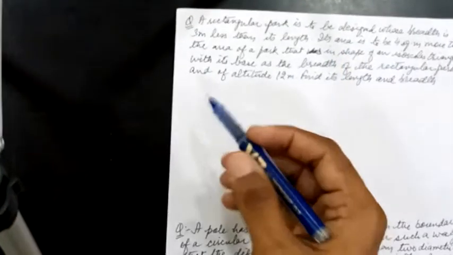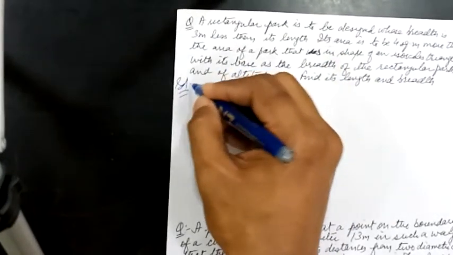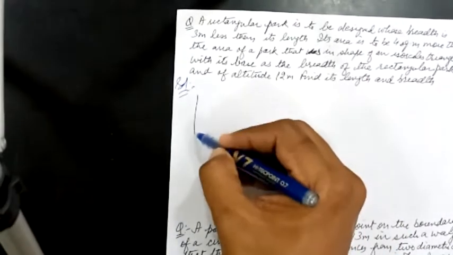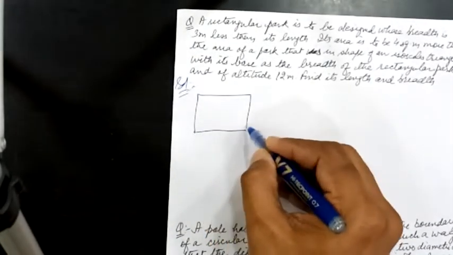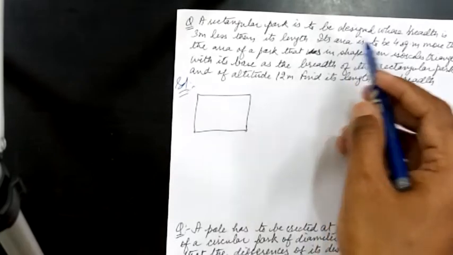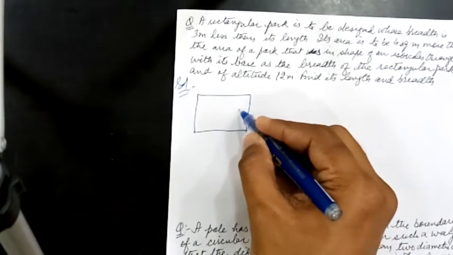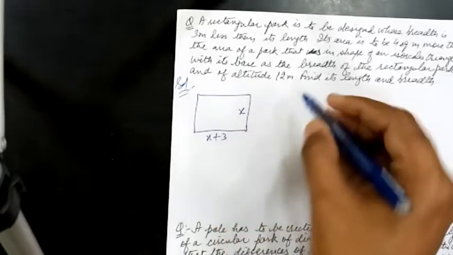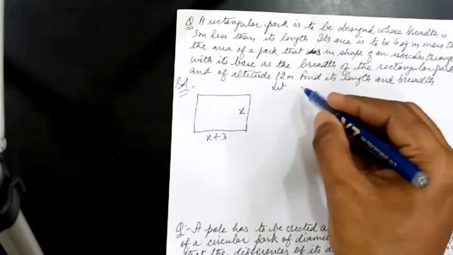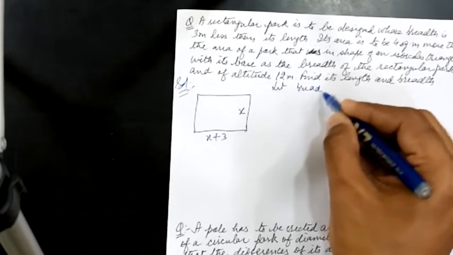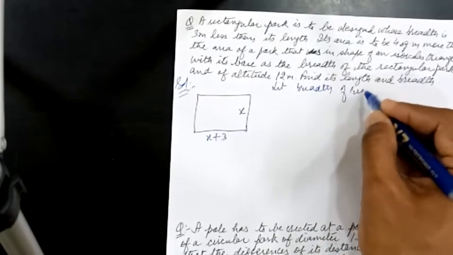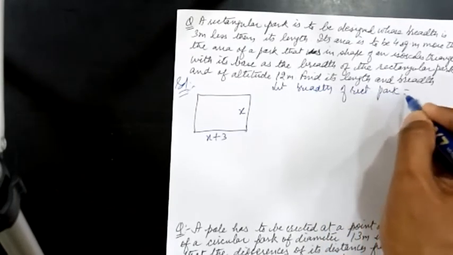So we try to solve it side by side. Let us suppose there is a rectangular park in this manner, whose breadth is 3 meters less than its length. So let us suppose the breadth of the rectangular park is x meters.